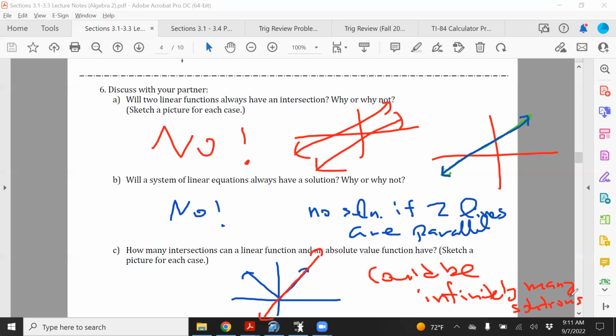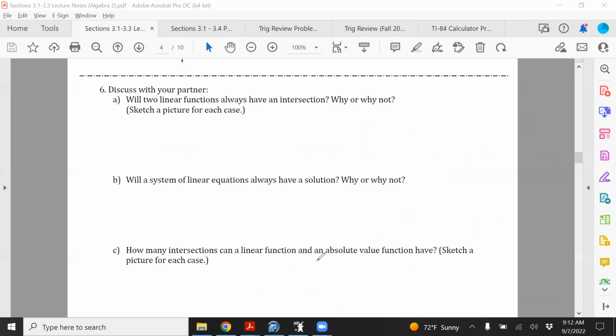Could be infinitely many solutions as well. We'll explore this more on Friday. But let's just keep moving.